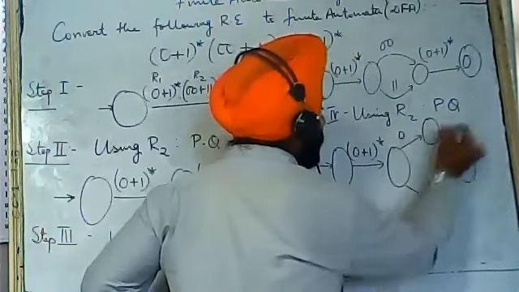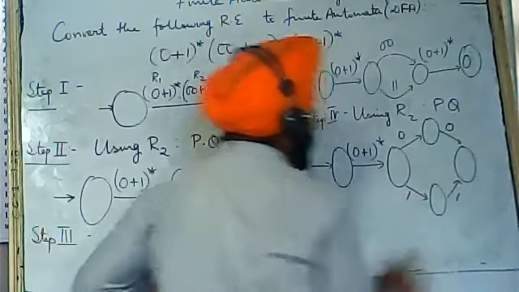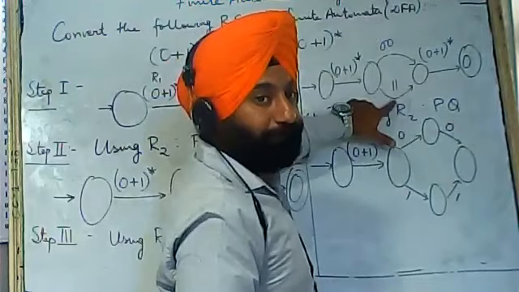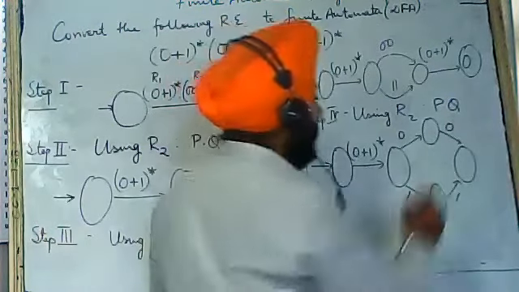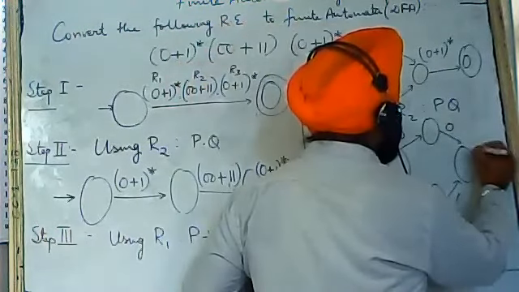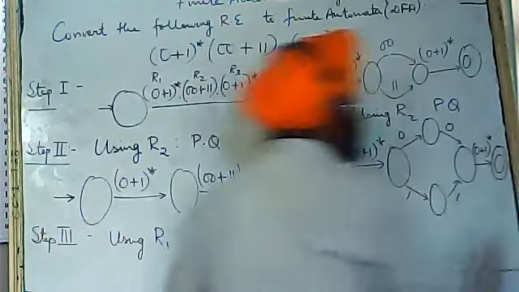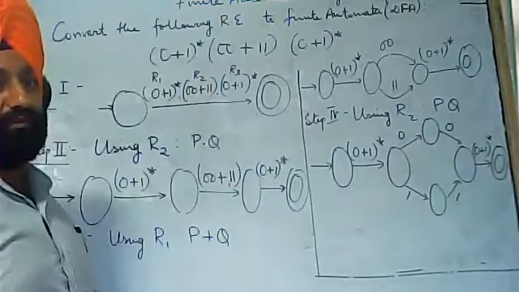So here 00, 11, because P dot Q, again P dot Q, and next will be written as such, 0 plus 1 star, and your final state, right?